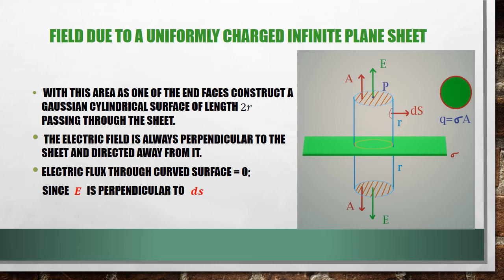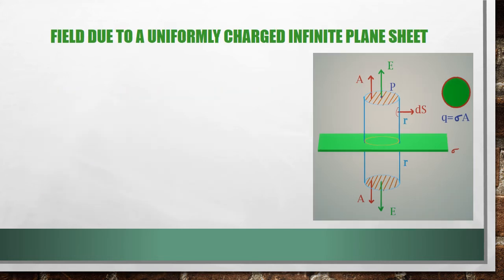The electric flux through the curved surface of the cylinder is 0, since the electric field is perpendicular to ds. Therefore, total flux through the end faces is EA plus EA, which is 2EA. The net charge enclosed by the Gaussian cylinder is A sigma, where A is the area of the end face of the cylinder.